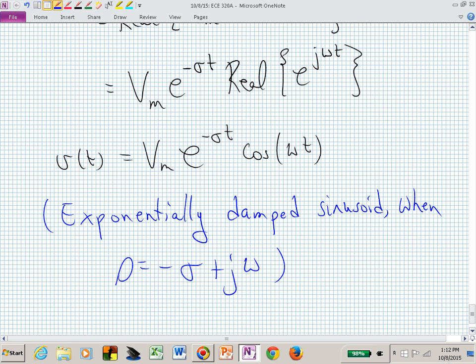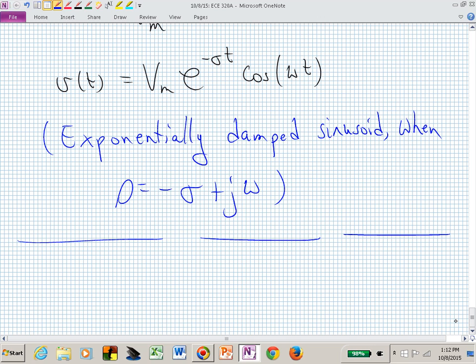Let's now look at what that allows us to do when we try to apply these concepts to a circuit. Circuit analysis in the S domain.